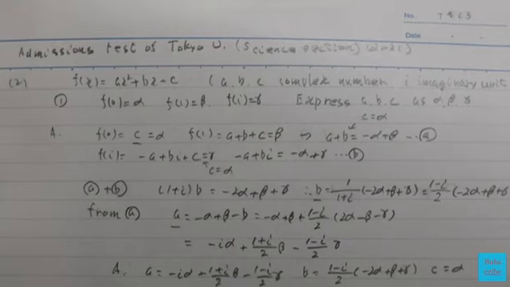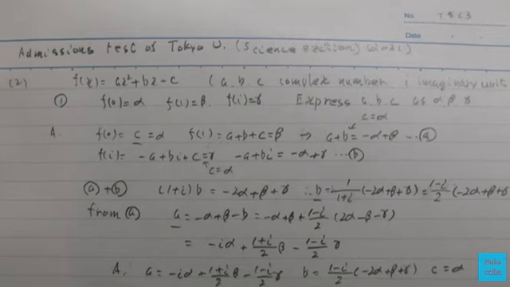Admission test to Tokyo University, Science Section, 2021. Problem 2. f(x) equals ax squared plus bx plus c. a, b, c are complex numbers, and i is the imaginary unit.